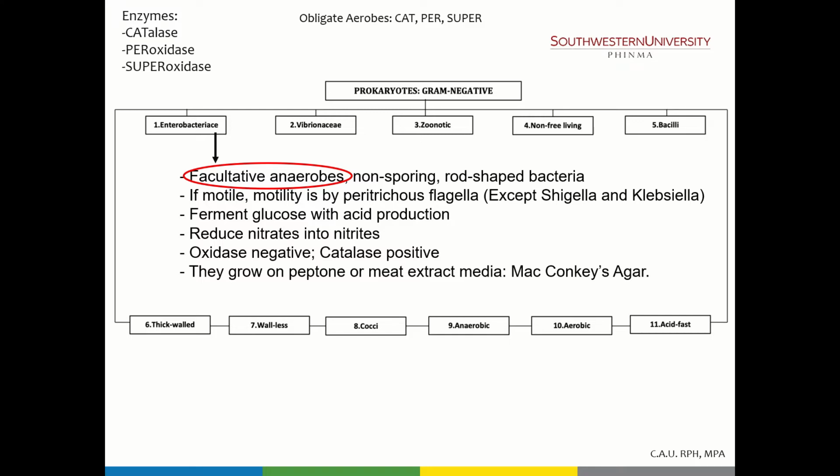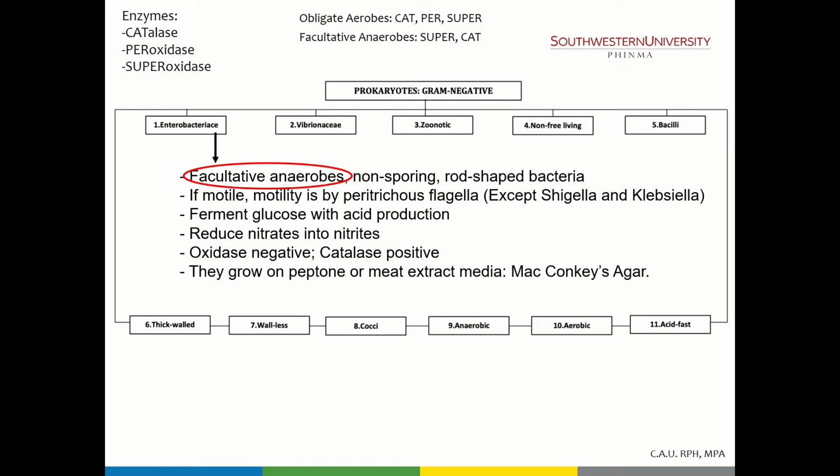Again, they have these three enzymes, CAT, PER, and SUPER, to live with the presence of oxygen. Another example is the facultative anaerobes, which is the Enterobacteriaceae in our first gram-negative example. Facultative anaerobes are not actually anaerobes, but rather aerobes, because they have the SUPER and CAT enzymes that give them the faculty to tolerate conditions with or without oxygen.